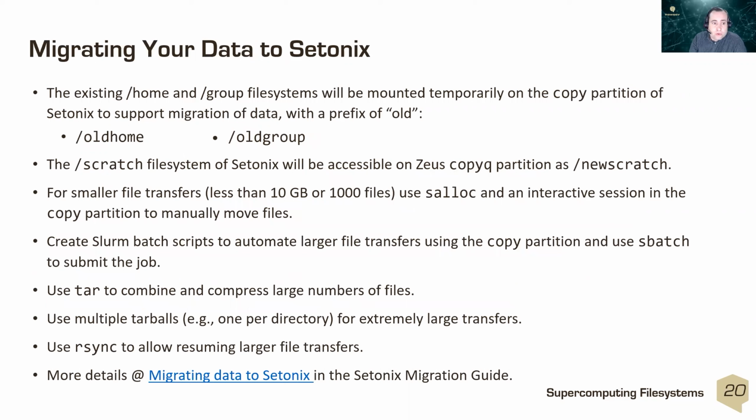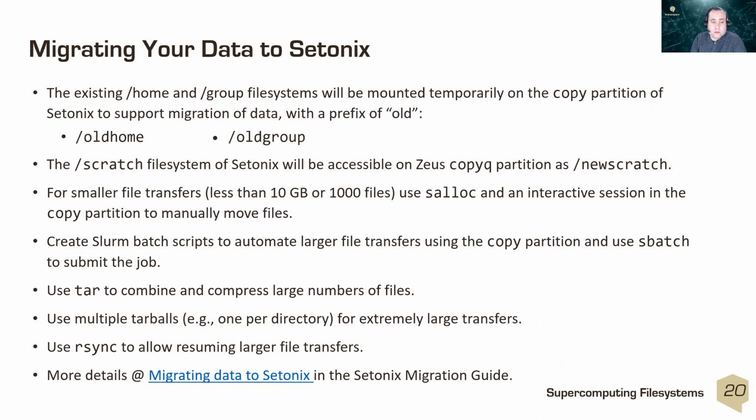To talk a little bit more about it now, the existing home and group file systems have been mounted on the copy partition of Setonix, and you can see them there with the prefix of old. So there's a /old home and a /old group, and you can run interactive sessions with the copy partition to move that data across.